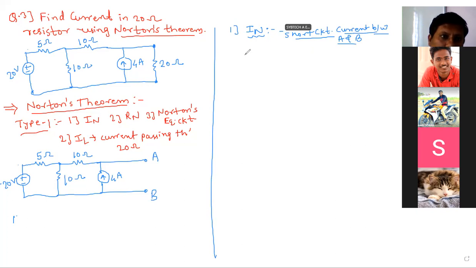So I will draw the diagram here. I will short the A and B terminal. This is 20 volt. This is 5 ohm. This is 10 ohm. This is 10 ohm.